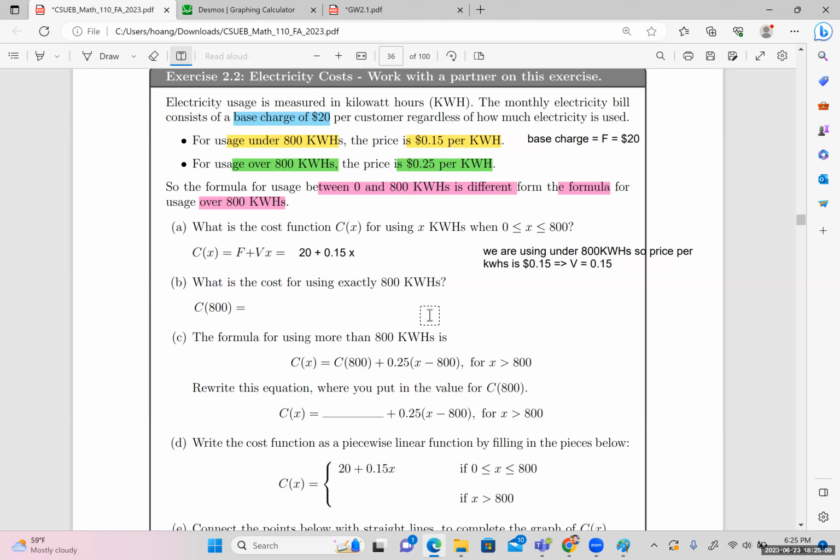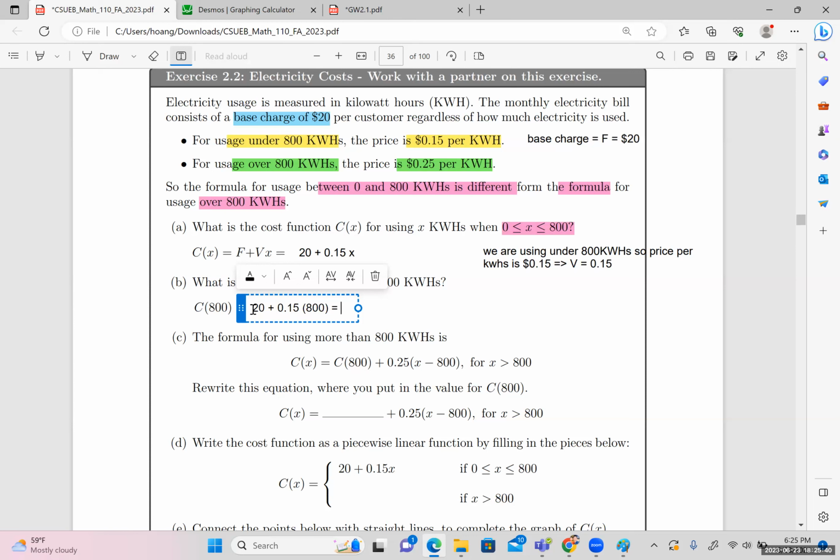And now, what is the cost for using exactly 800 kilowatts? So the key requirement says if you are using in between 0 and 800, then you just follow this requirement, and you have 20 plus 0.15 times 800.